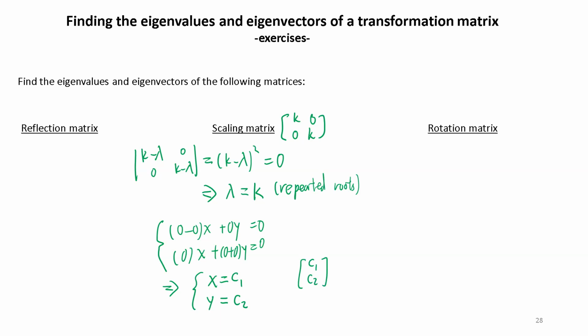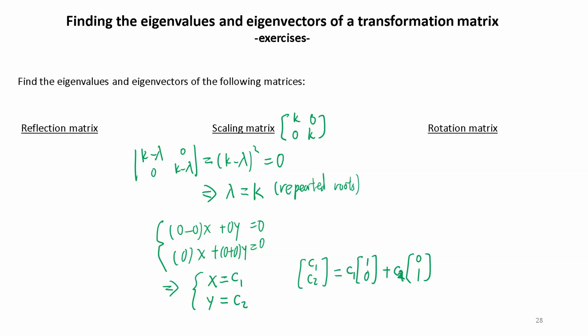But again, in this case, when we see something like this, we'll still try to find a pair of linearly independent eigenvectors to represent this result. So for example, I can write it this way: C1 (1, 0) plus C2 (0, 1).